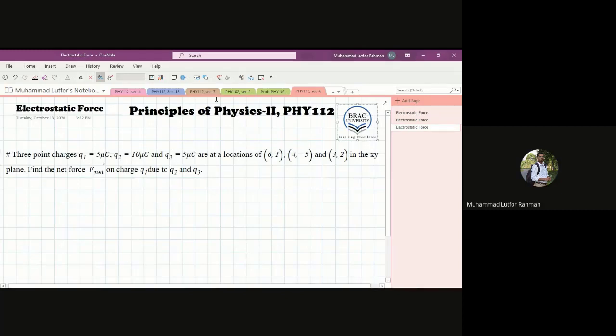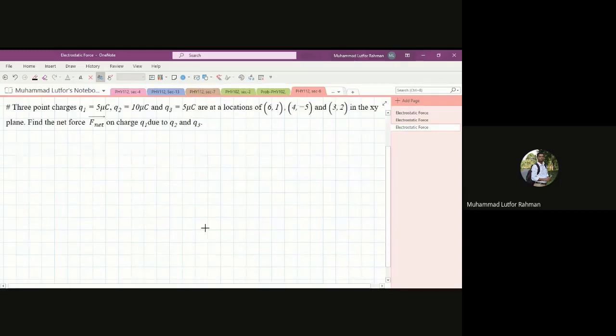Let me draw the Cartesian coordinate system. This is my conventional y-axis. I have to extend that part because right now I have a negative coordinate. This is my x-axis.